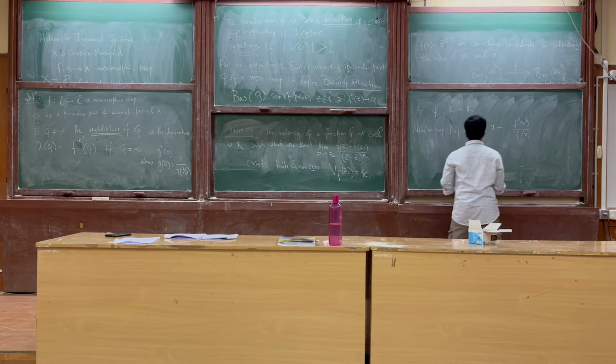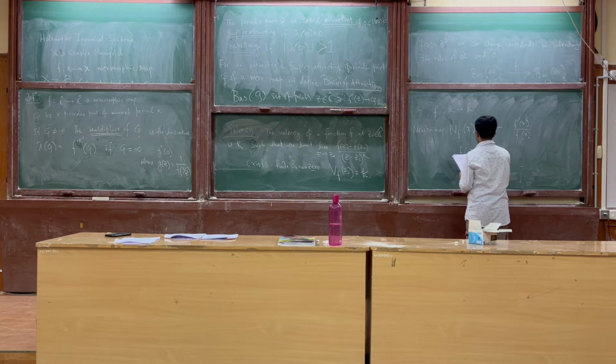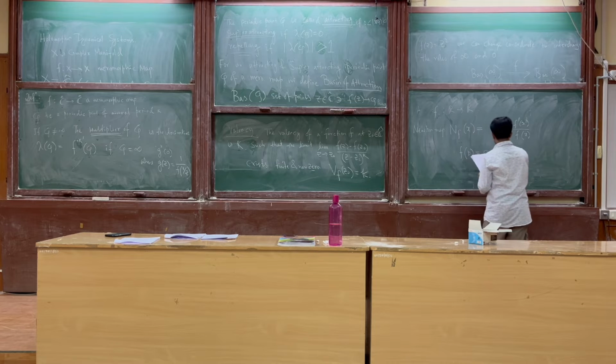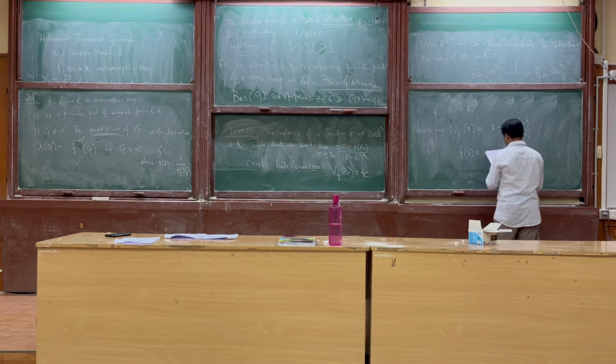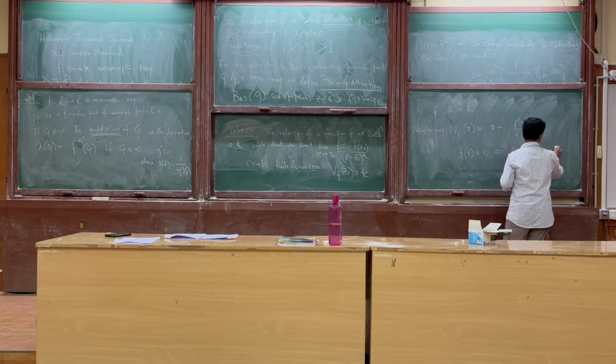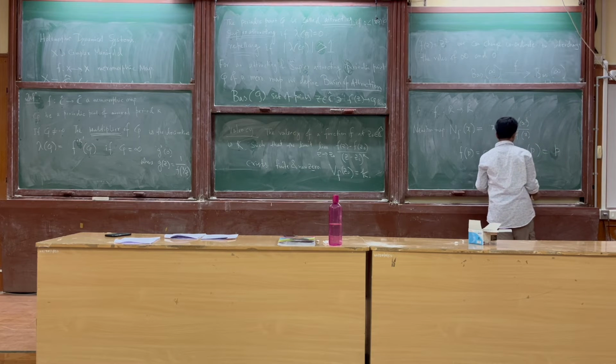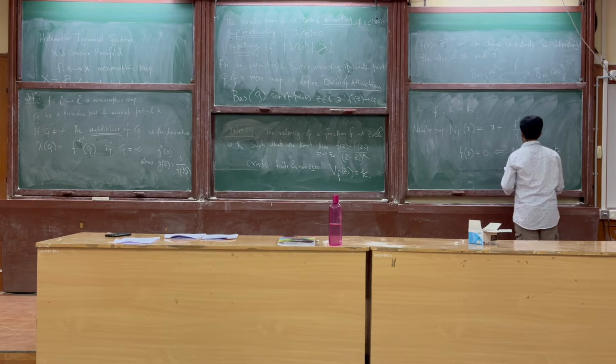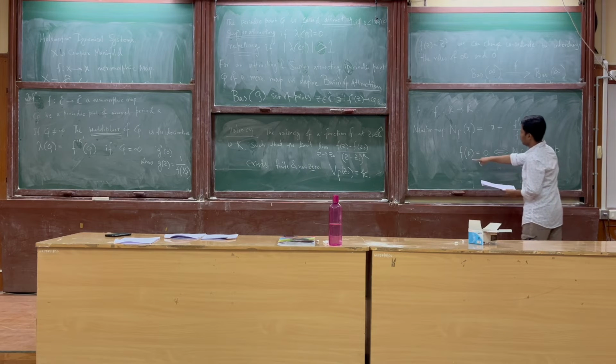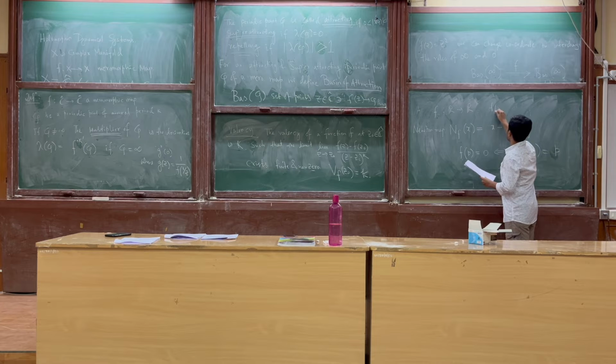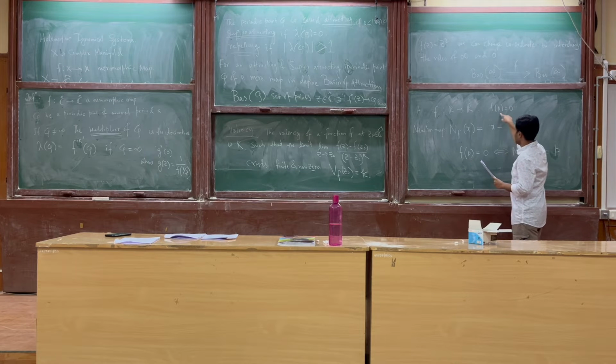And we can observe that at a point P where this vanishes, P is actually the root. So we can call P the root of f, so it is equal to 0.